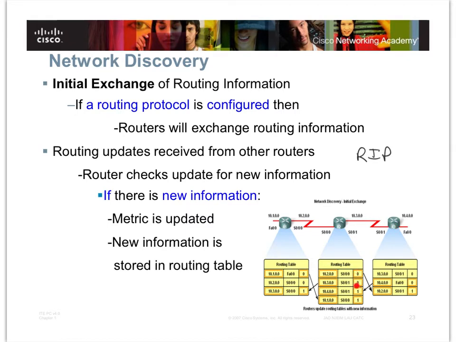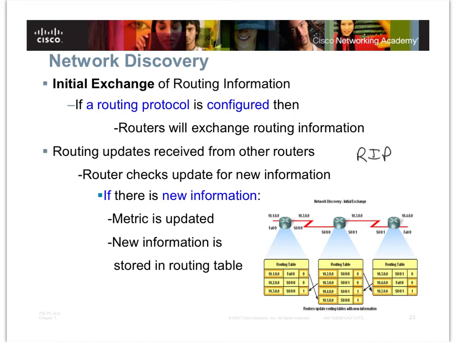Okay, so since we're talking about the metric as the number of hops, then router 2 will learn about network 10.4.0.0 from router 3, and in that case router 2 will put it here. Router 2 will also learn about the network 10.1.0.0 from router 1, and again it puts it here, right?